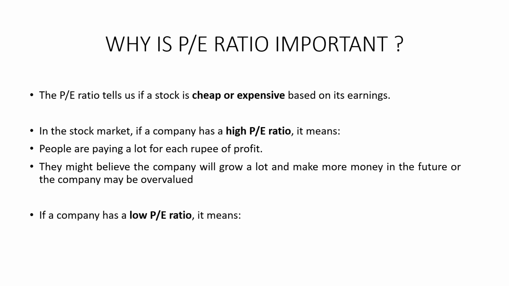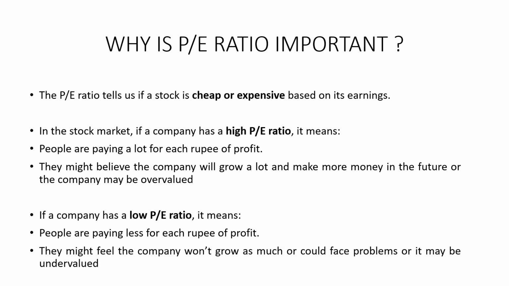If a company has a low PE, on the other hand, it means people are paying less for each rupee of profit, and they might feel the company won't grow as much or could face problems, or it may be undervalued. As I told you before, PE ratio is one of the ways to find out if a company is overvalued or undervalued.